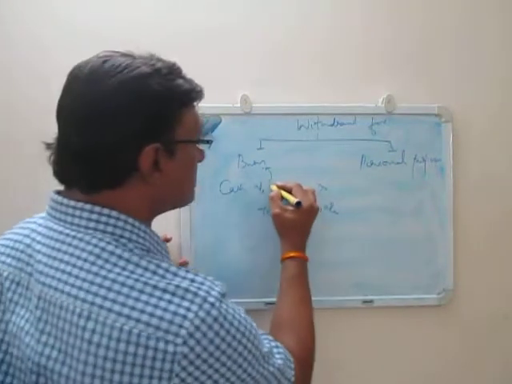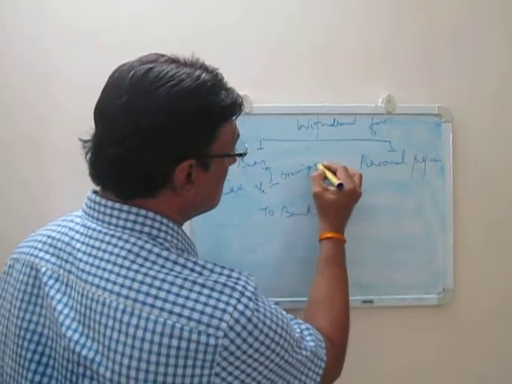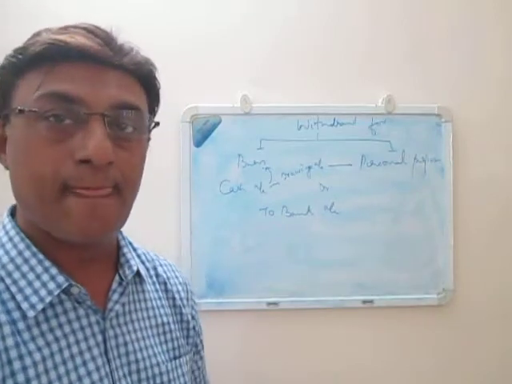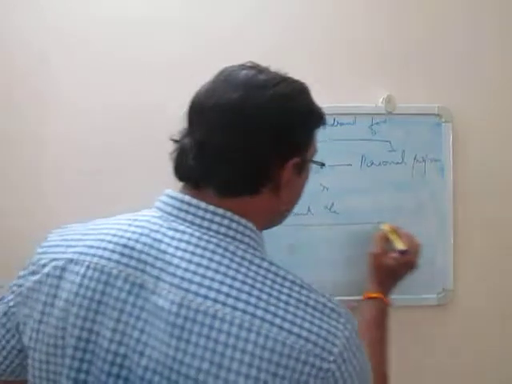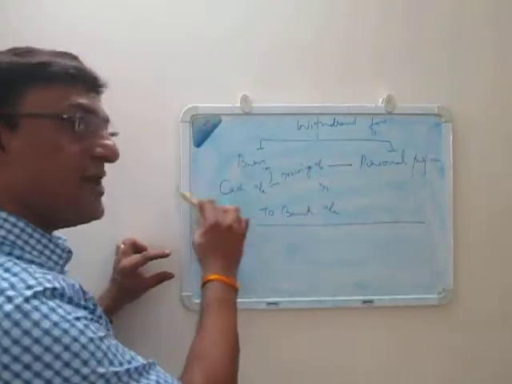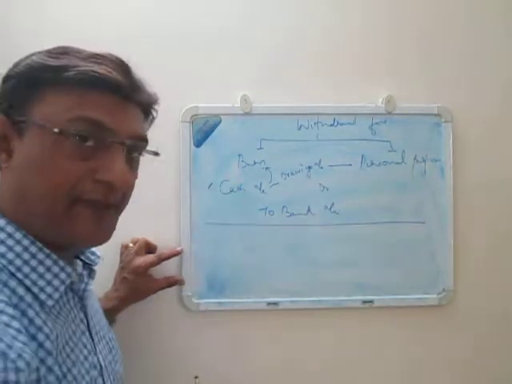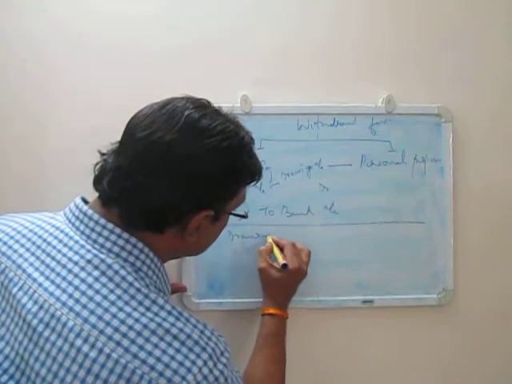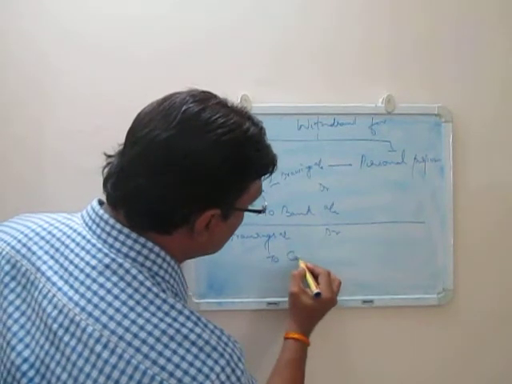I will reframe this as drawings account if it is for personal purposes. So the next entry in that case, either you pass the entry drawings account debtor to bank account, or if you pass this entry already, then it becomes drawings account debtor to cash account.